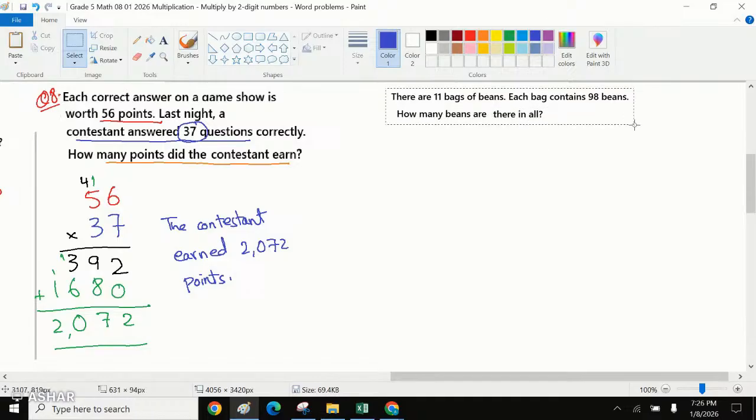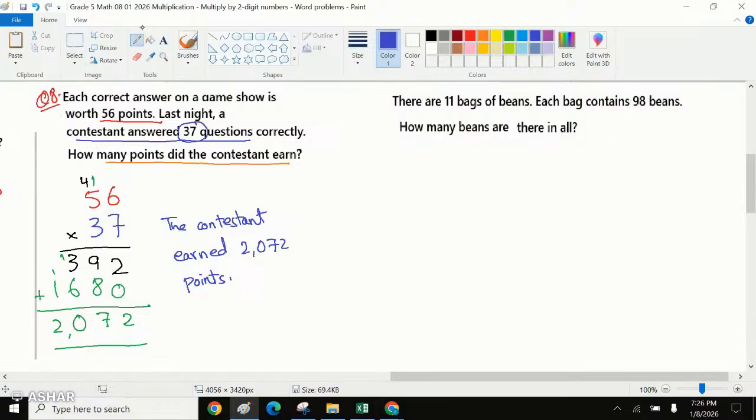Okay, let's increase the size so that it becomes readable. Question number 9 says there were 11 bags of beans, sorry, 11 bean bags. It's the reverse, okay? Hi Manoj, let's look at this. There are 11 bags of beans and they're saying that each bag has 98 beans in it, right?